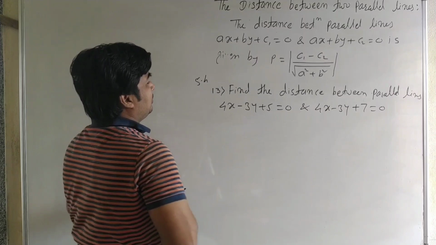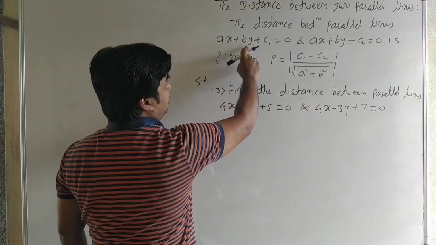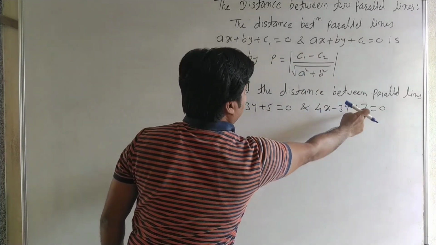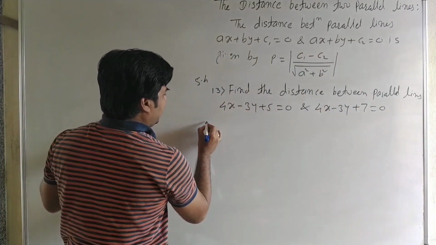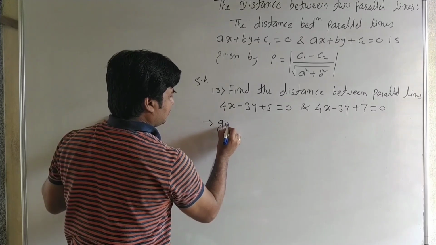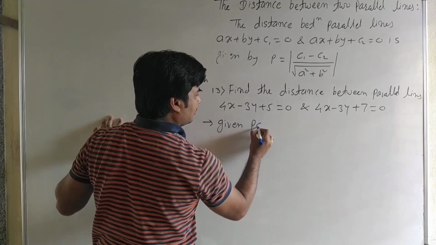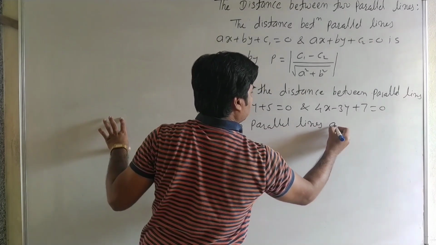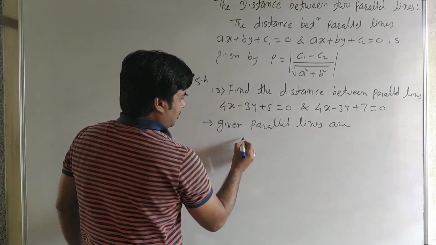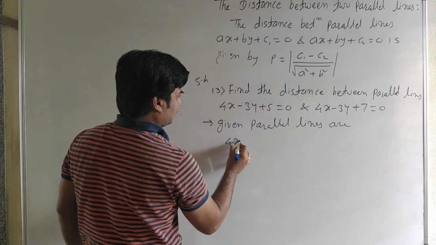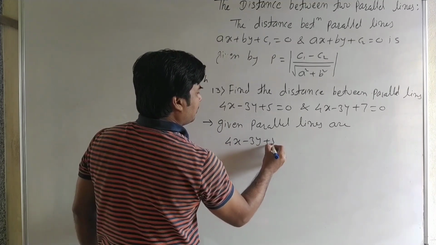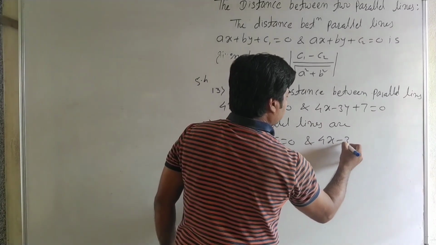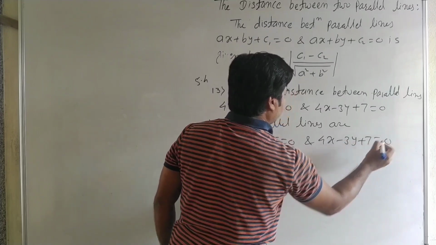Here the given lines are ax plus by plus c1 and ax plus by plus c2. The given parallel lines are 4x minus 3y plus 5 is equal to 0 and 4x minus 3y plus 7 is equal to 0.